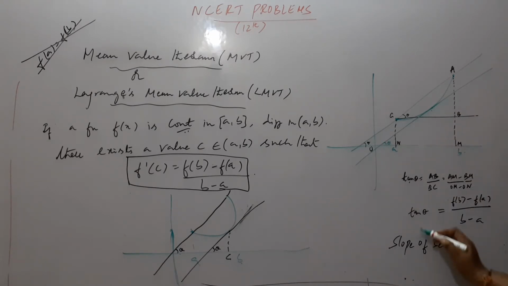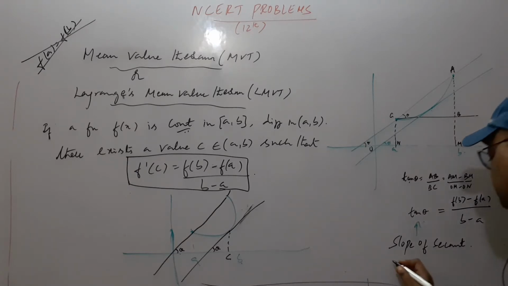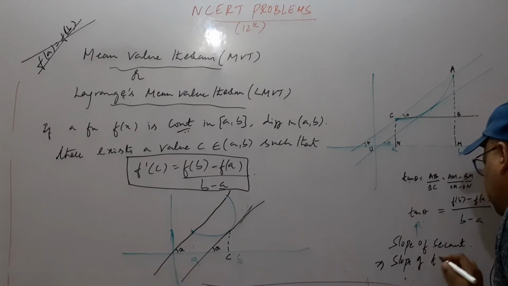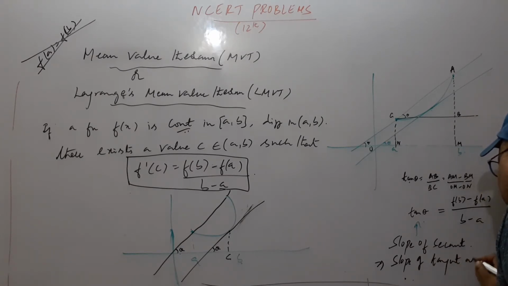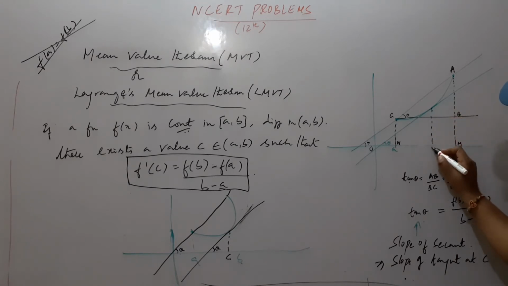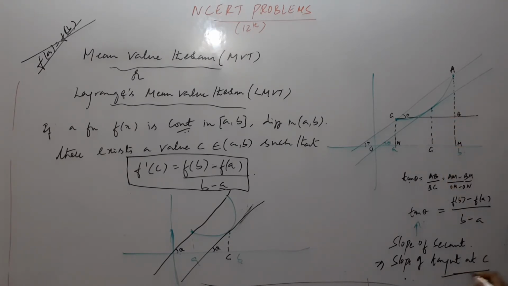So, I can conclude this is the slope of the secant, which is also nothing but slope of tangent at C. So, this value is my C. So, what we are doing here, basically we are telling the slope of the secant is this formula which I have proved here.